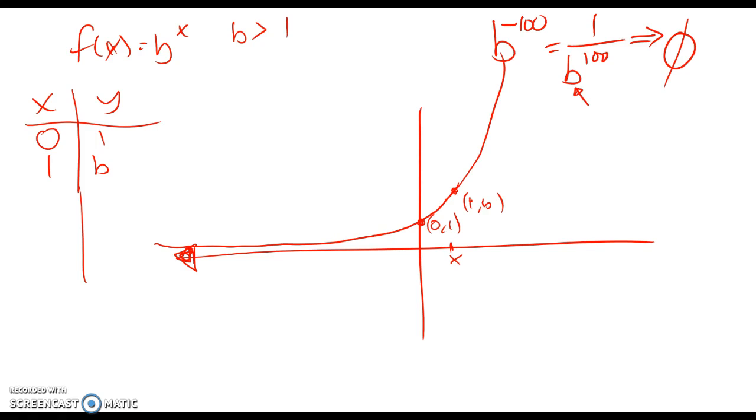Now, let's try an example where we have an a other than 1. All right, so let's say we have y equals 1/2 times 4 to the x. B is the 4, right? A is the 1/2. Let's plot that. I'm going to do a few points.